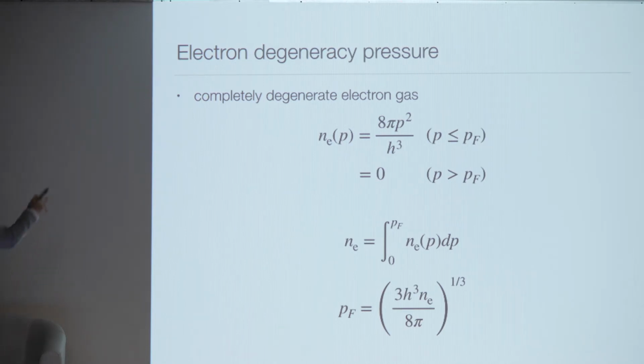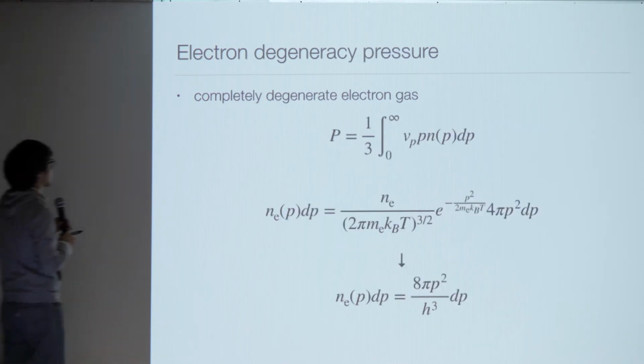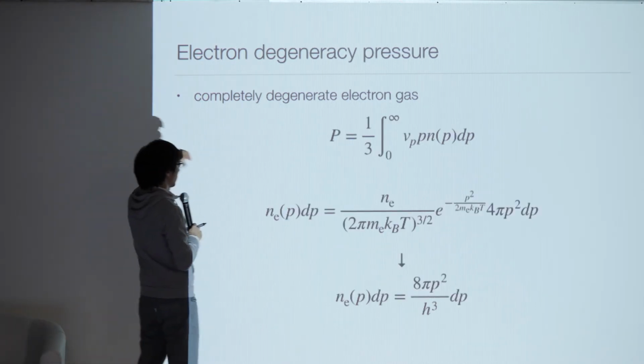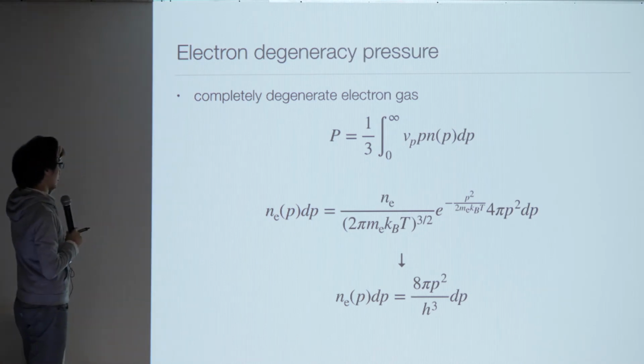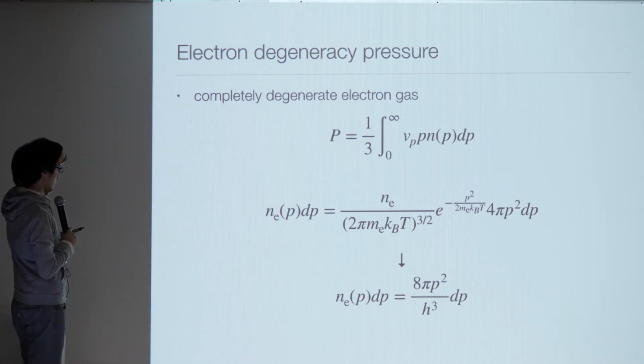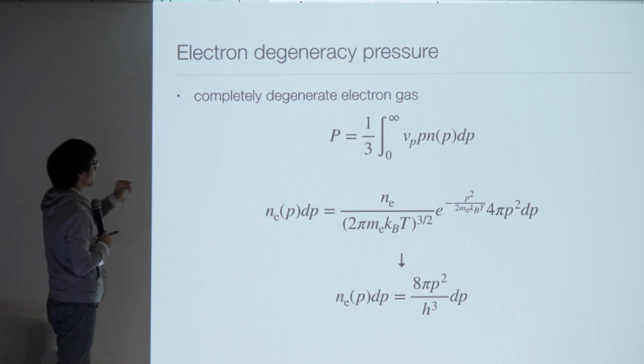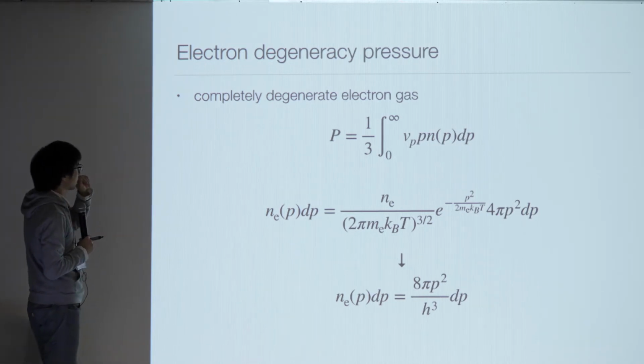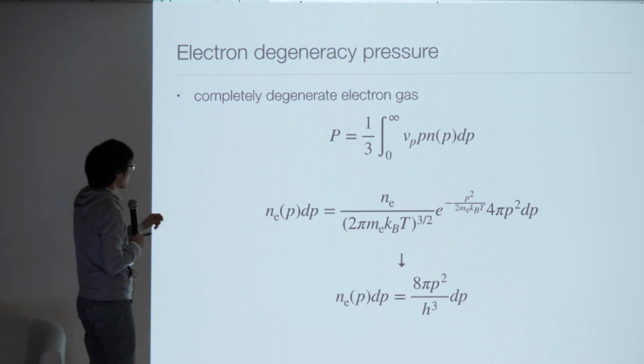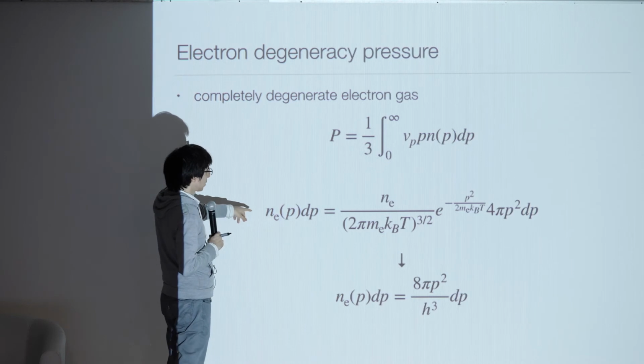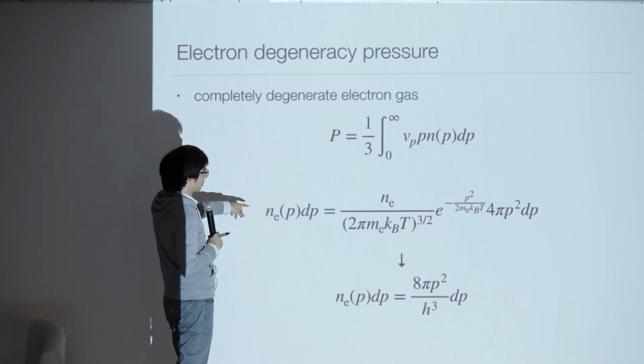So once we have this expression, we can again put this number density in this pressure equation. Previously, when we derived the equation of state for gas pressure, we used this Maxwellian density distribution.